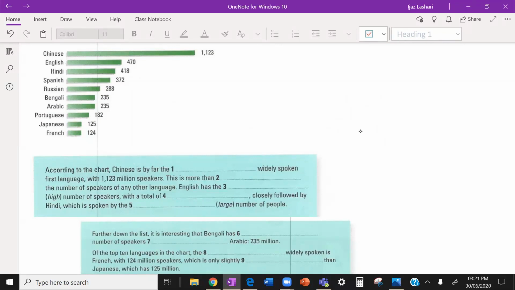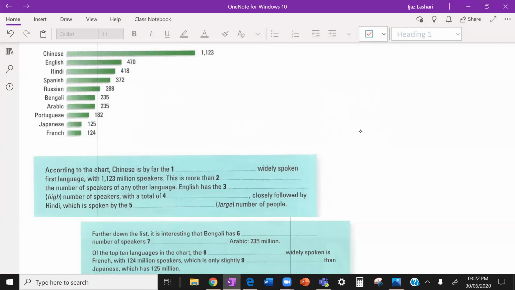According to the chart, Chinese is by far the dash widely spoken first language with 1,123 million speakers. This is more than dash the number of speakers for any other language.